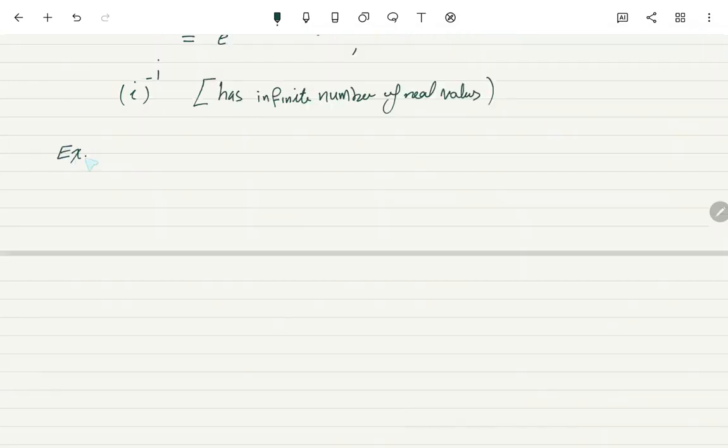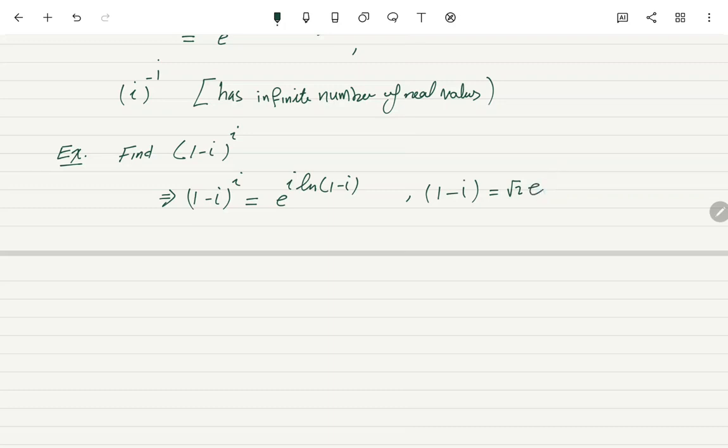Example, find 1 minus i to the power i. Therefore 1 minus i to the power i equal to e to the i ln 1 minus i, and remember 1 minus i, r equal to square root of 2, square root of 2 e to the, and theta minus pi over 4 plus 2m pi.